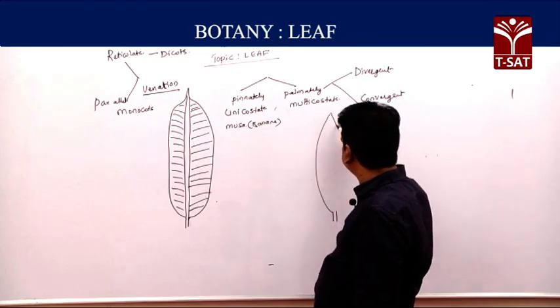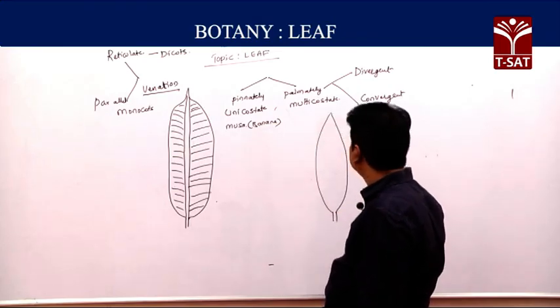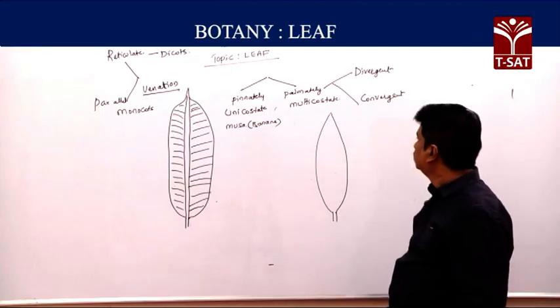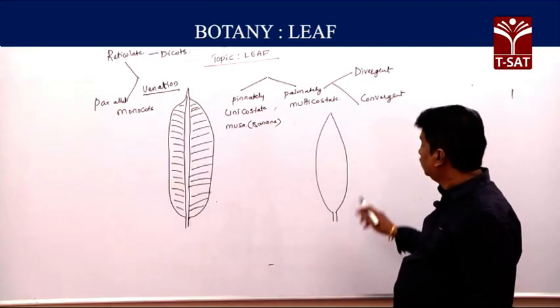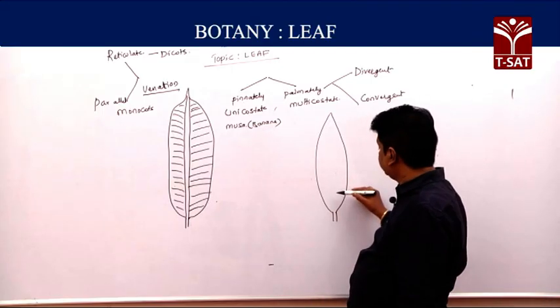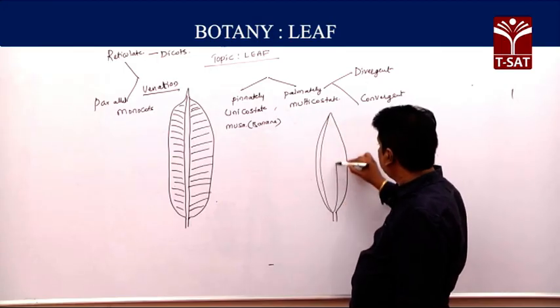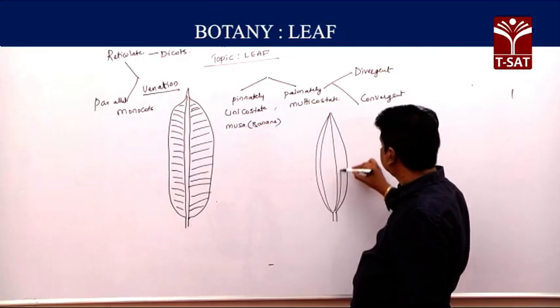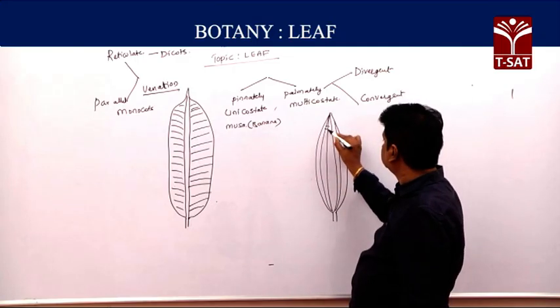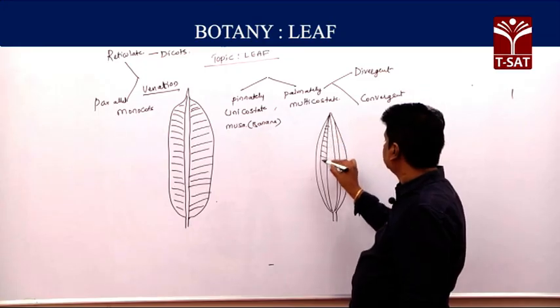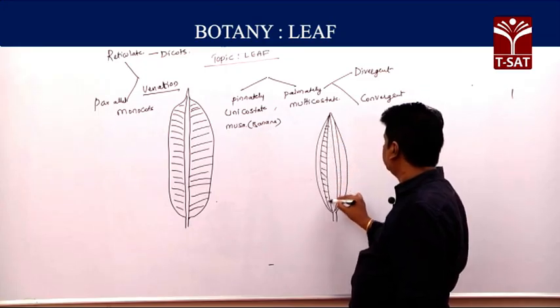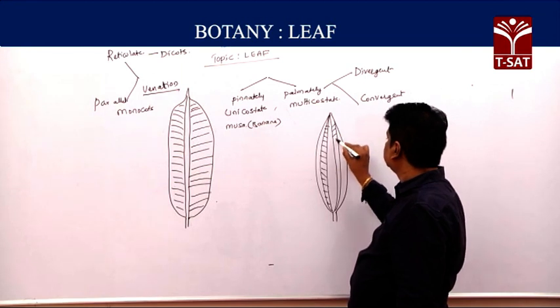If several midribs are present on the lamina, it is called palmately parallel. If the leaf lamina is undivided, all these midribs run from base to apex and converge at the apex, called palmately parallel convergent.